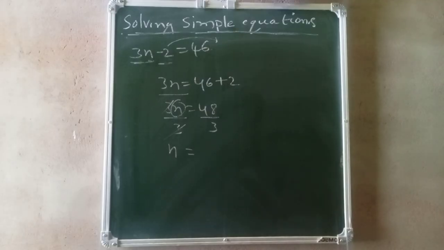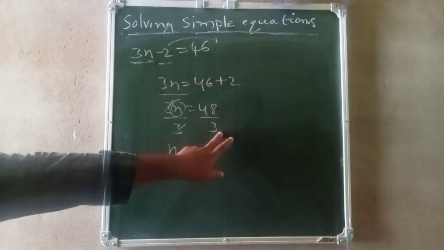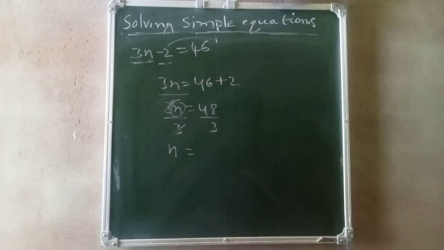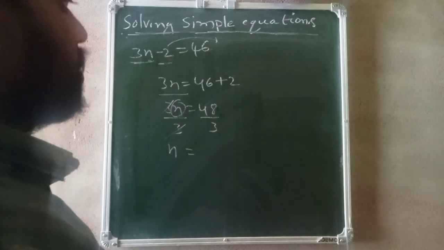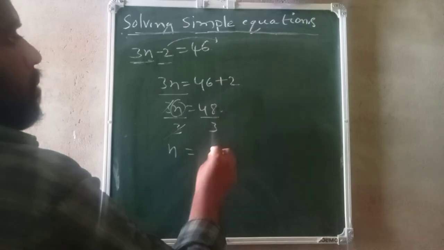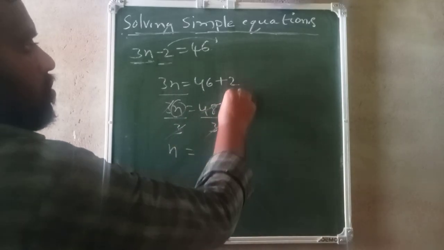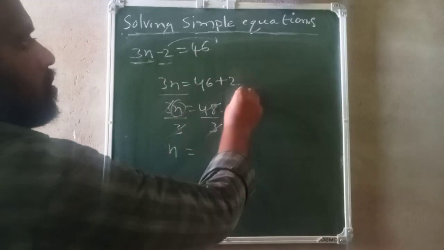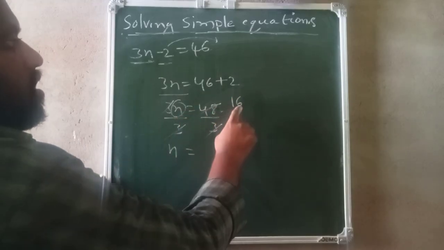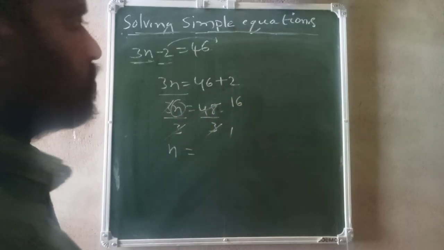So think about a number that can divide 48 and 3 completely. Yeah, the 3 only. See, 3 can divide 48 completely, and 3 also. 3 ones are 3, 3 16s are 48.